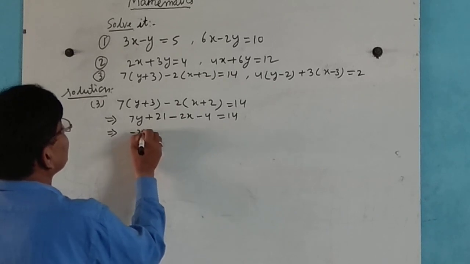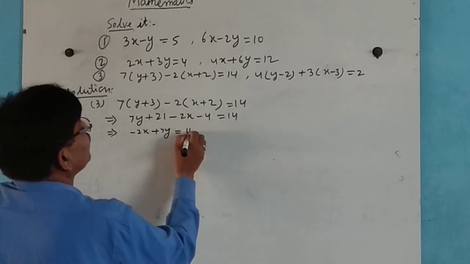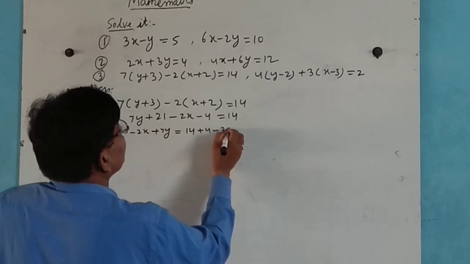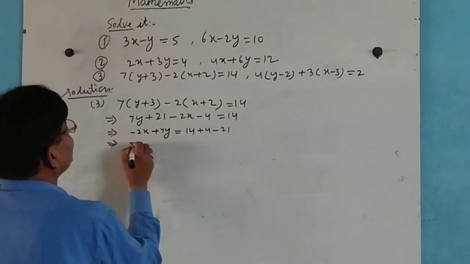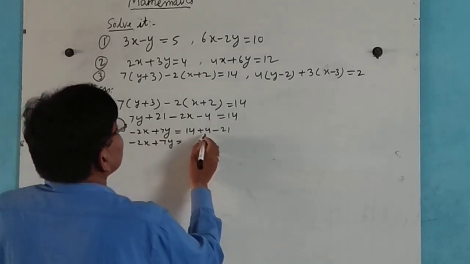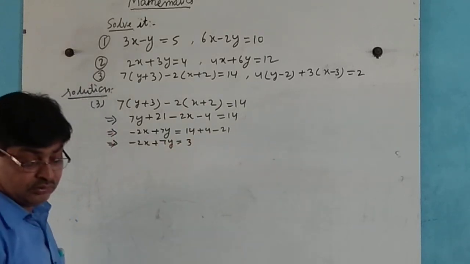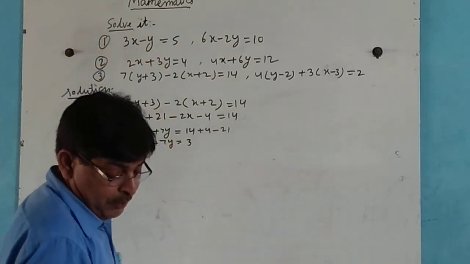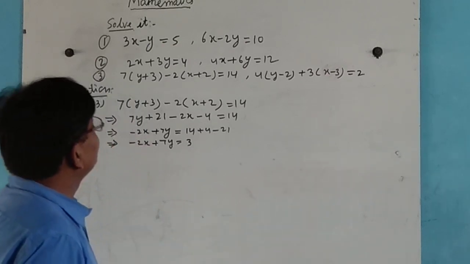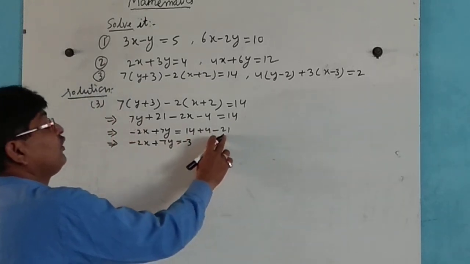Minus 2x plus 7y equal to 14 plus 4 minus 21, which equals minus 3. So minus 2x plus 7y equal to minus 3. This is equation 1.